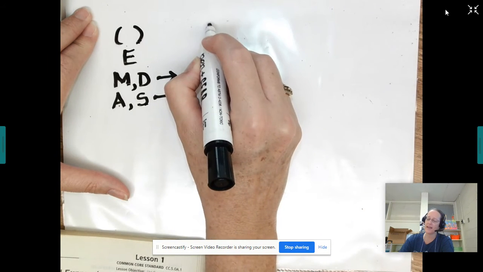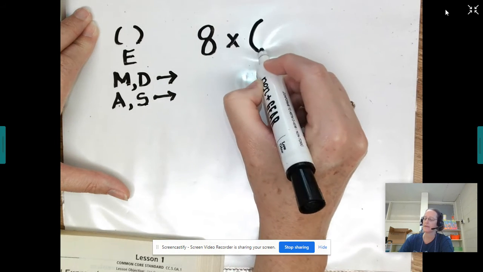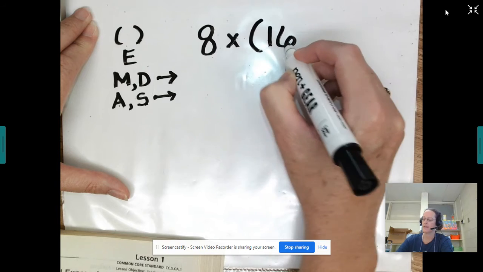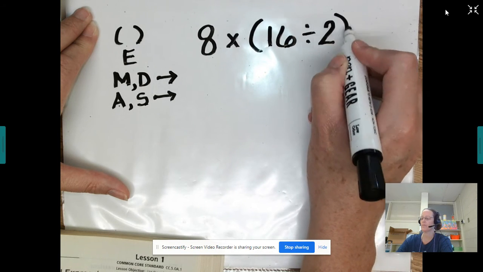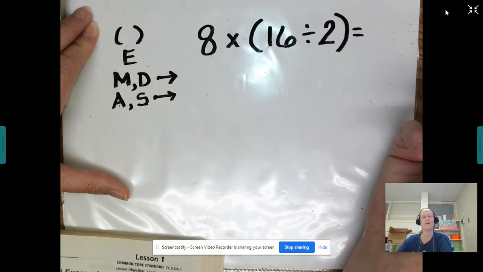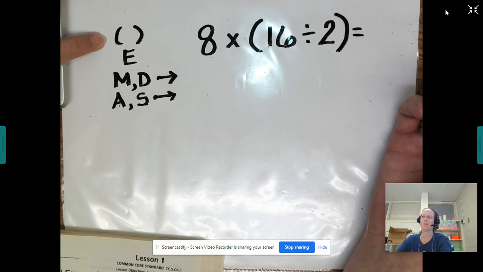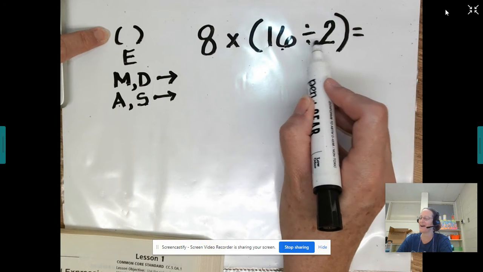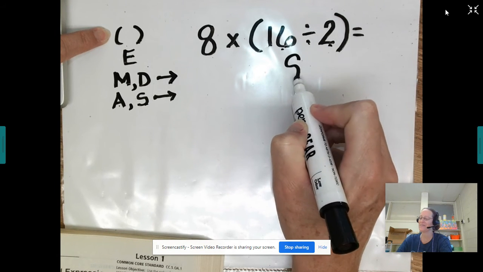8 times 16 divided by 2. I bet you already know what you have to do first. Order of operations says that we do what's in parentheses first. 16 divided by 2 is 8.